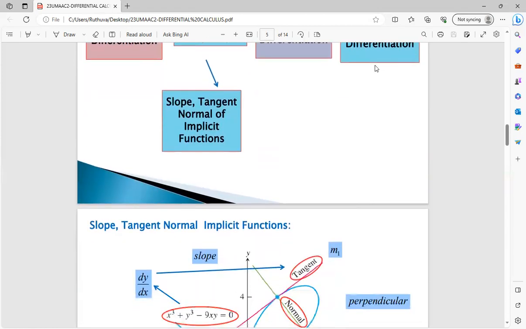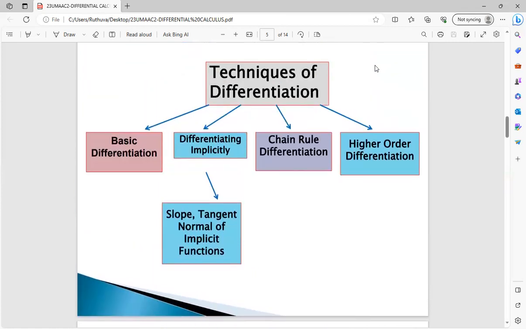So next, basic differentiation, which all you should know. What is the basic differentiation? Suppose we are taking y equal to x, then what is meant by dy by dx? Here y equal to x is a function. dy by dx is differentiating the function y with respect to the variable x.